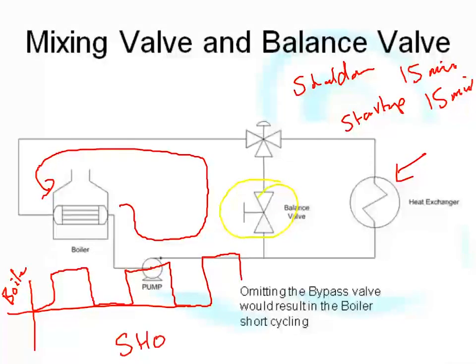We call that short cycling. Short cycling is horrendously expensive. It uses a lot of energy because you're constantly purging the unburnt fuel out of the boiler. The boiler is not burning efficiently. It's not got up to its temperature. So it's a very inefficient thing to do.